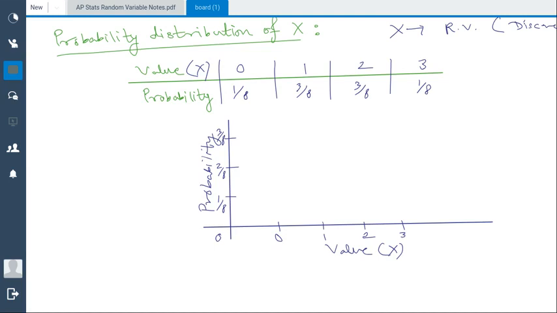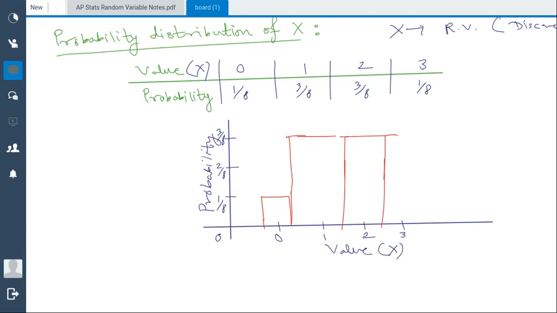Here we go. For 0, it is 1 by 8. For 1, it is 3 by 8. For 2, it is 3 by 8.